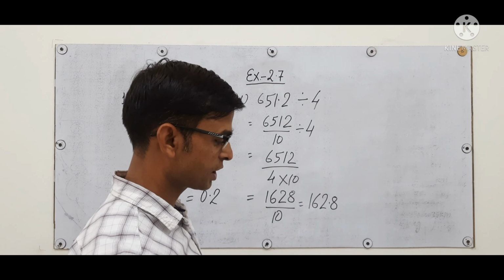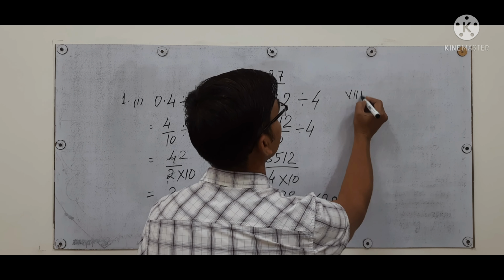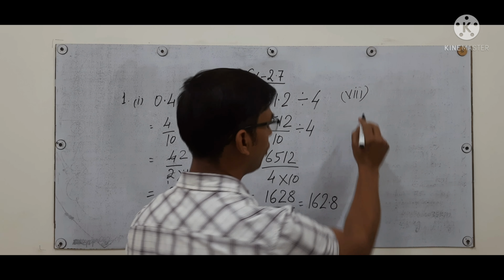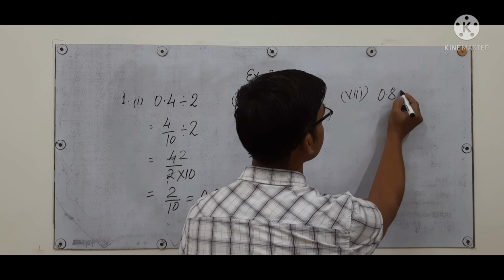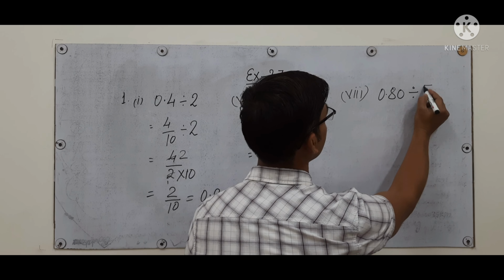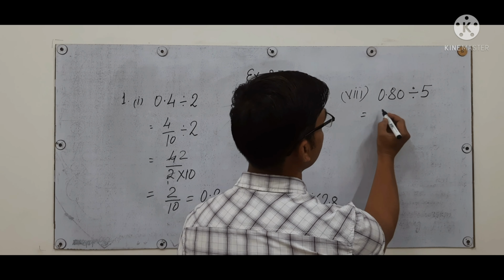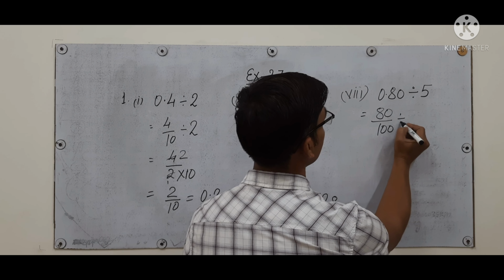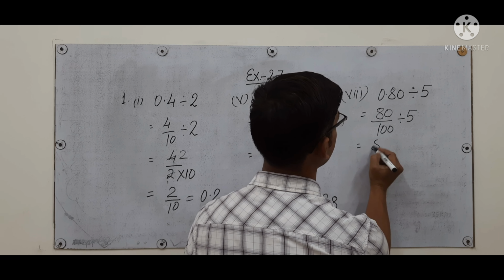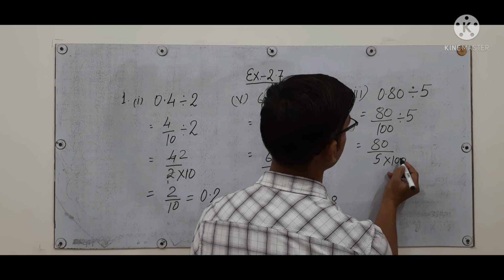Now we will solve question 1, part 8. I will solve all types of parts. Here it is 0.80 divided by 5. First of all we will replace the decimal, so it will be 80 upon 100 divided by 5, or we can write it as 80 upon 5 cross 100.